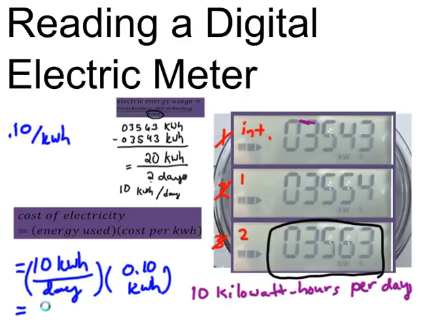Just move our decimal point over, and we'll use 0.10, which is $1 per day. So think about it, kilowatt hours is canceled from the numerator to the denominator here. Of course, if you want to know how much you would use per week, you multiply it by 7 days, and multiply it by 30 days to get the average month.